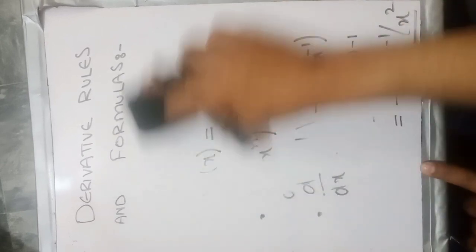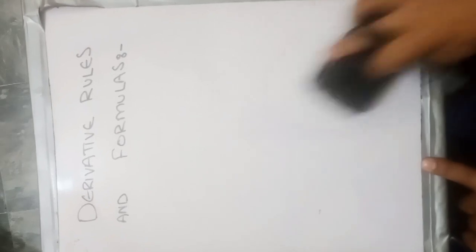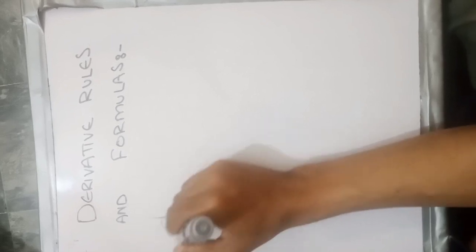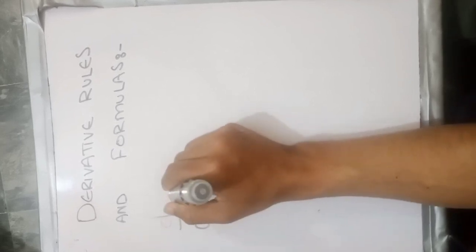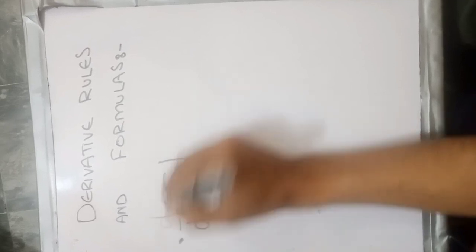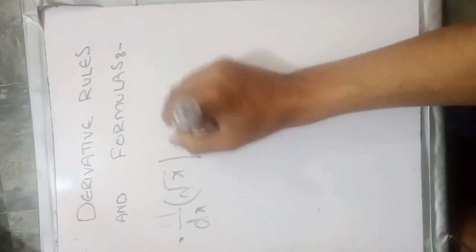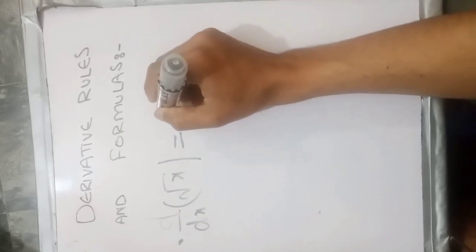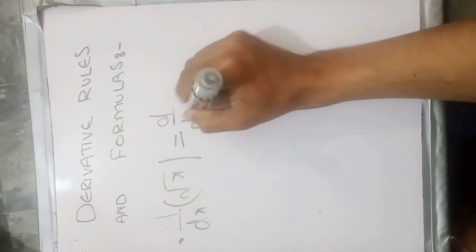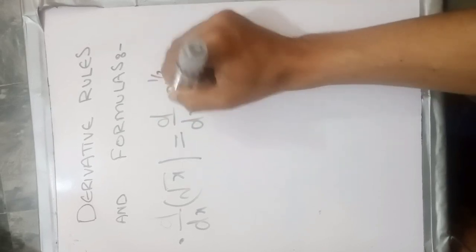Now let's do some more formulas. The next formula is related to the square root of x. For the square root of x, we just need to differentiate, just like the power rule, d over dx of x power 1 over 2.